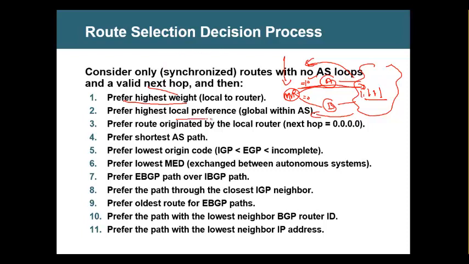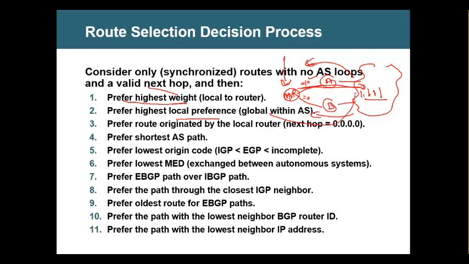Next is local preference. There is a big difference between weight and local preference. Weight is only on that router, MR. Local preference is for the entire autonomous system.